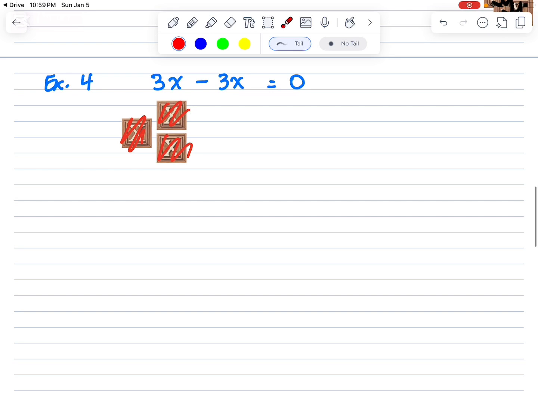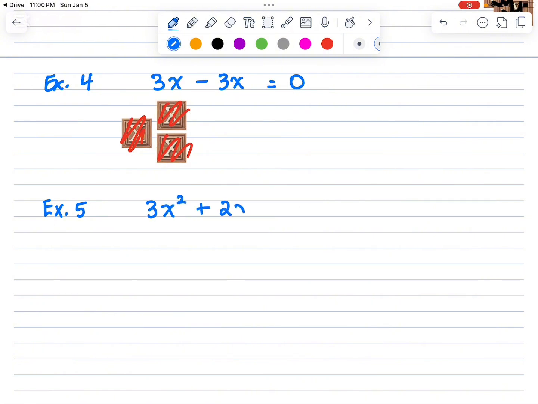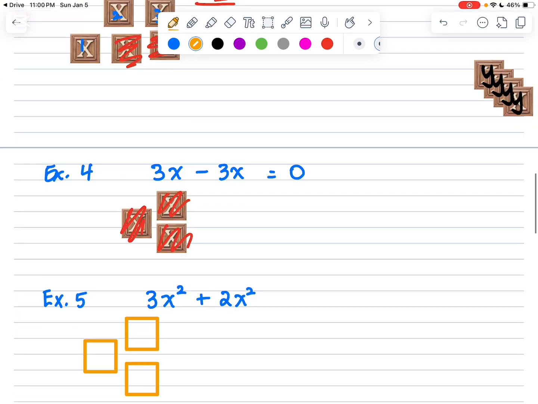Now, what about questions that have more complicated variables? So what if I had 3x squared plus 2x squared? How would I do that? So if I'm using this tile analogy, now I want you to imagine that I have 3 tiles. And what should each tile say? So let's think through this.